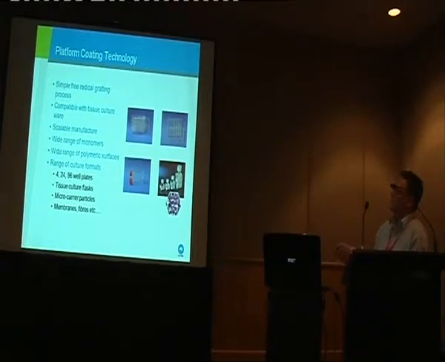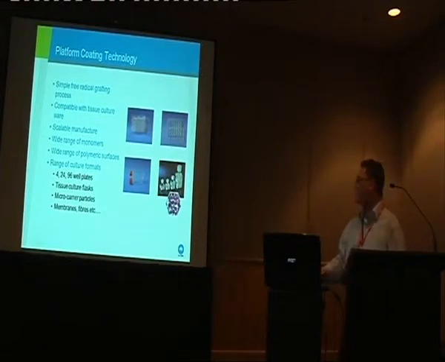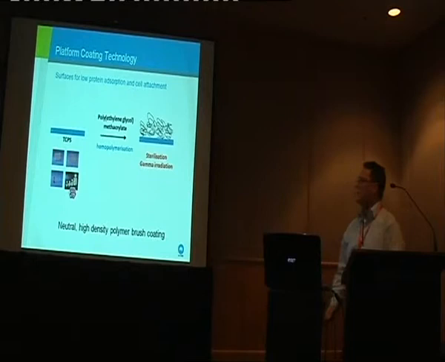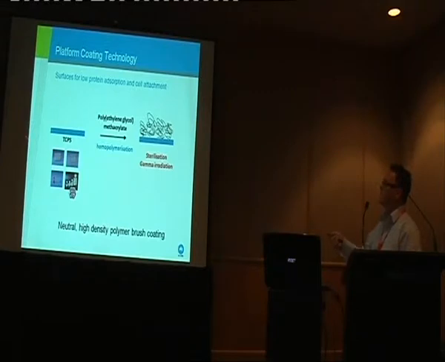These are the sort of culture formats we've been working with on a fairly small scale at the moment, but as I said, the technology is scalable to larger formats. These are microcarriers, for example, and obviously tissue culture flasks and multi-well plates. I'm not going to go too much into the chemistry of how we do this, but basically we take a tissue culture polystyrene or any other polymer surface.